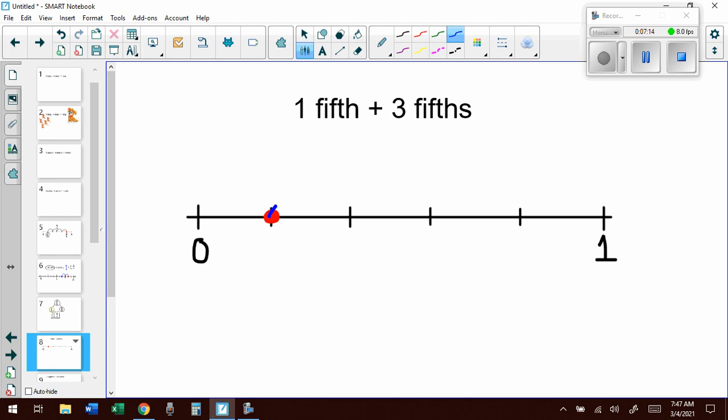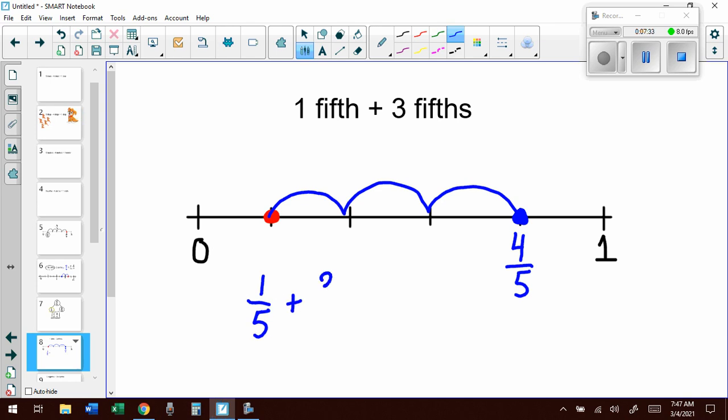So we have 1/5, 2/5, 3/5. So 1/5 plus 3/5 equals 4/5, or 1/5 plus 3/5 equals 4/5.